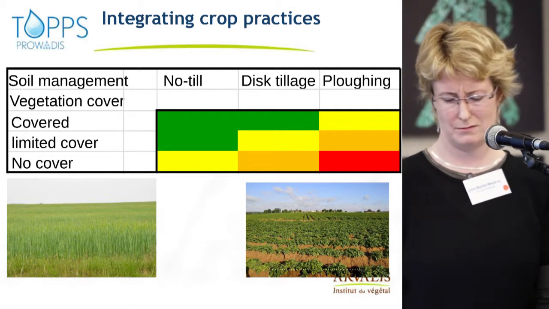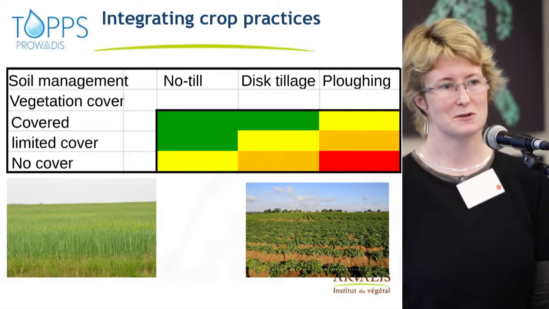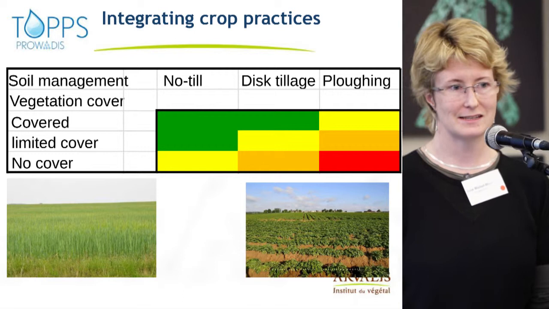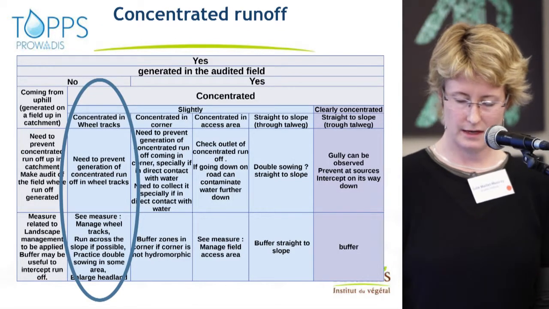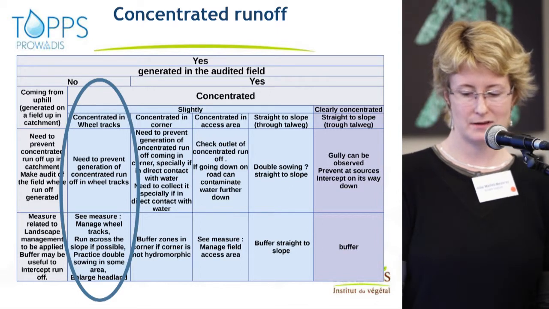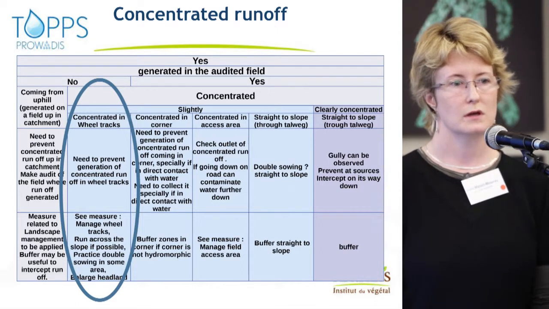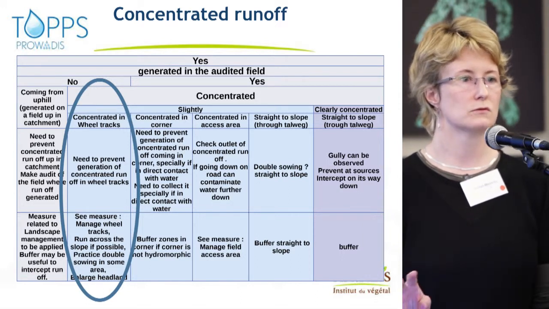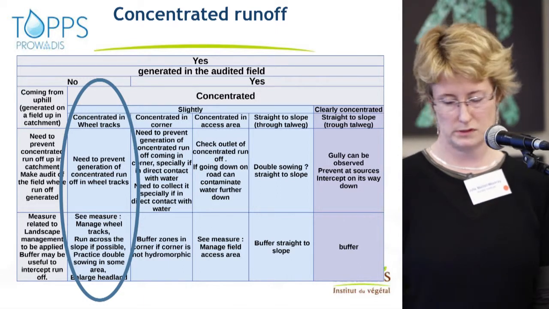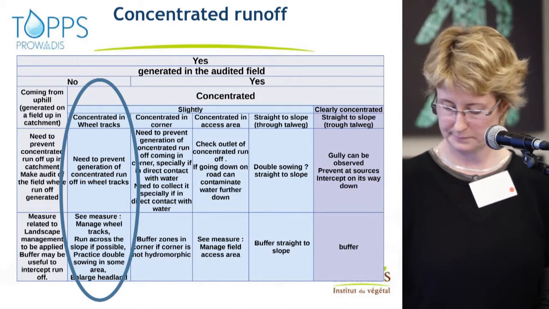The more the cover is developed, the less the runoff risk is important. Then the last decision tree, concentrated runoff. The main point here is to relate the different kinds of concentrated runoff to specific measures, because it's quite easy to assess concentrated runoff.